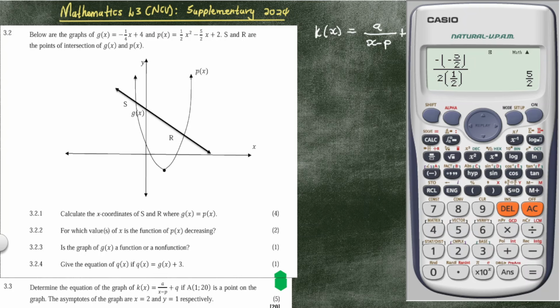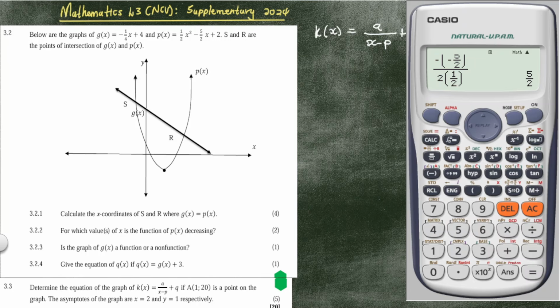If A, the coordinate 1 and 20, is a point on the graph, the asymptotes of the graph are x equal to 2 and y equal to 1.